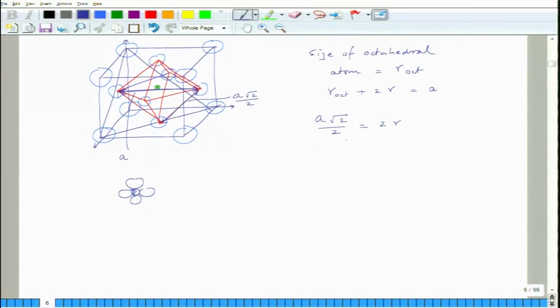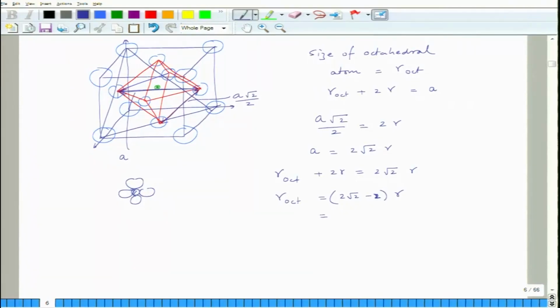So there is a relation, and I can write A to be equal to 2 root 2 into R. So R oct plus 2R is equal to, okay, so R oct is equal to 2 root 2 minus 2 into R.